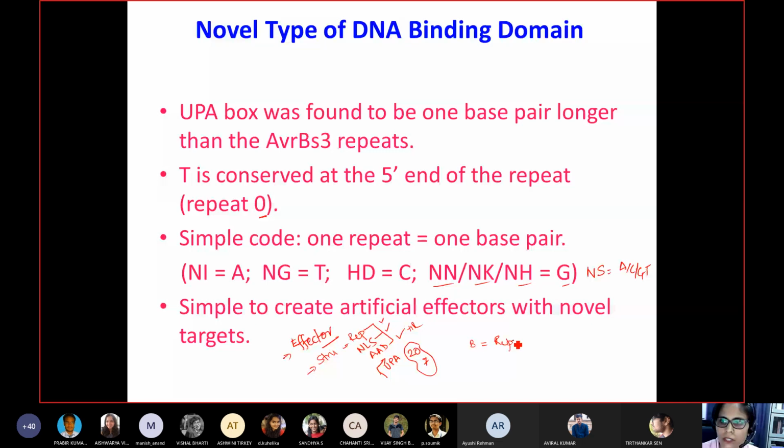For example, the effector protein repeats and its UPA box sequences were almost similar. If this is 17.5, then there will be around 18 to 19 base pairs in the UPA box.